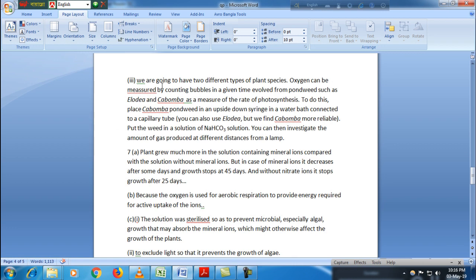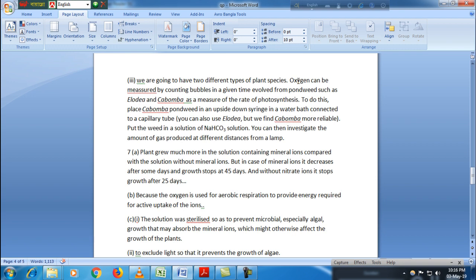Let's see how we will do the experiment. Now I am saying the answer, number 3. We are going to have two different types of plant species. Oxygen can be measured by counting bubbles evolved in a given time from pondweed, such as Elodea and Cabomba, as a measure of the rate of photosynthesis.